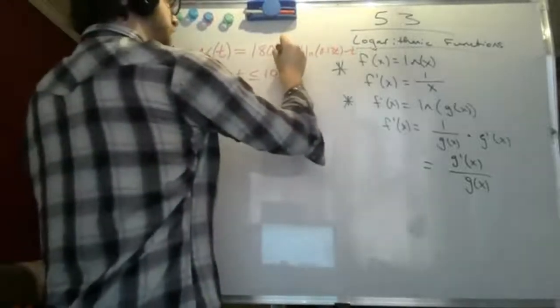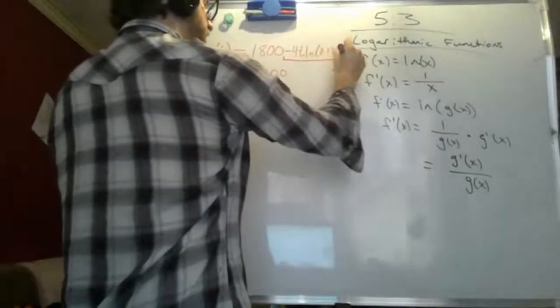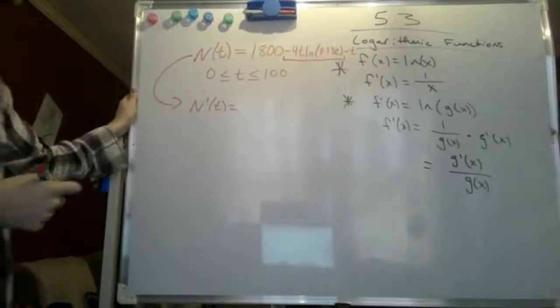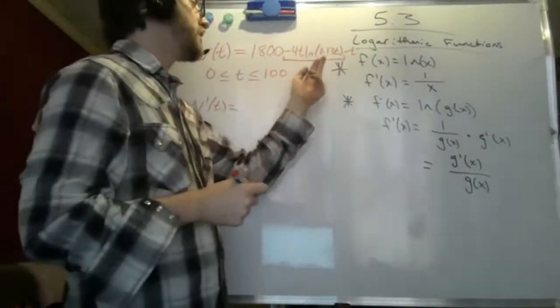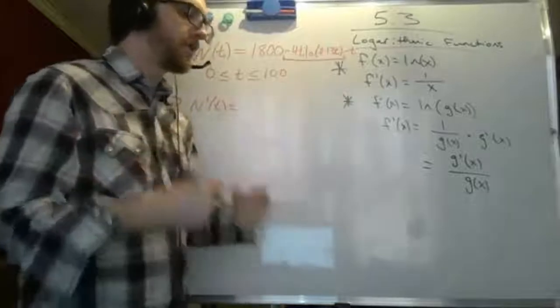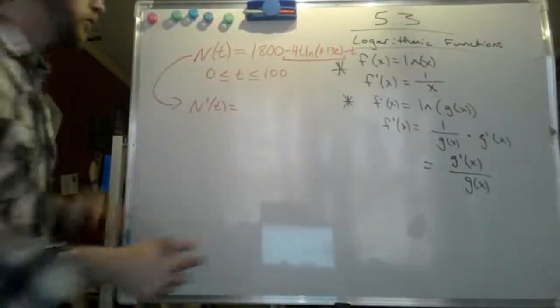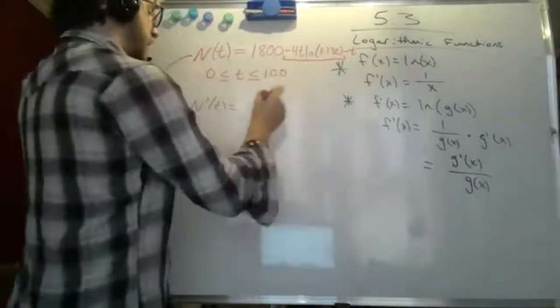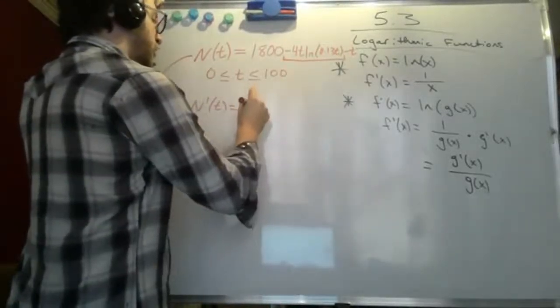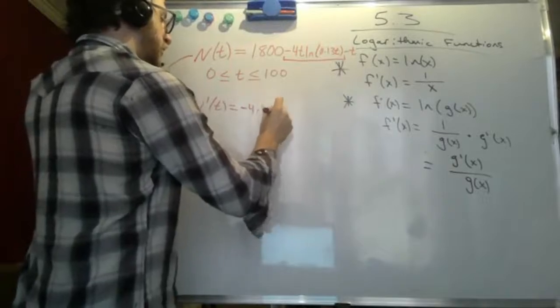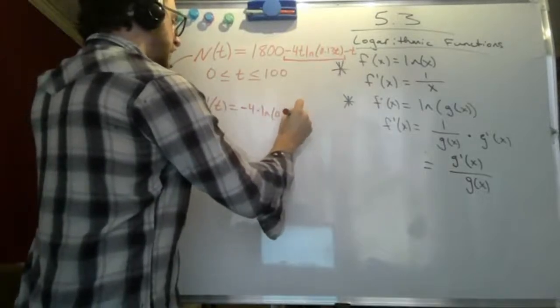Then we come to this bit here in the middle, negative 4t natural log of 0.13t. So we have a function of t times the natural log of a function of t. So we're actually going to have to do the product rule. So here we go. The derivative of the left guy is going to be negative 4 times the right guy, so natural log of 0.13t.